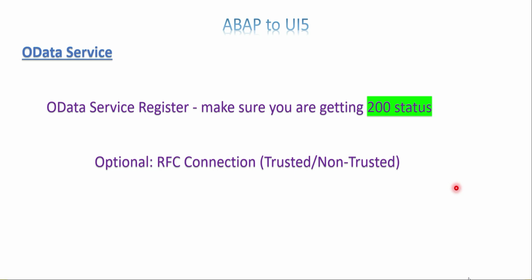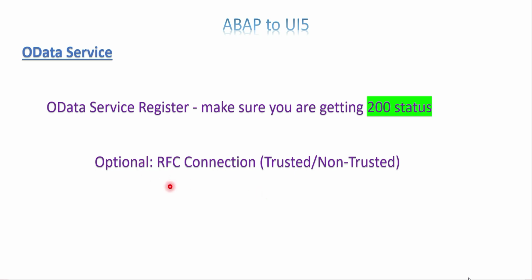The reason is the configuration of trusted RFC won't support debugging, that is how it was configured. So you are not able to keep any breakpoint in your OData service method and execute the UI. That is not possible. If you are in a rental system, please ignore it.